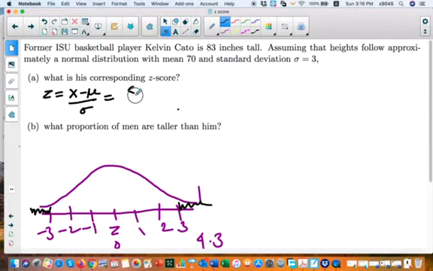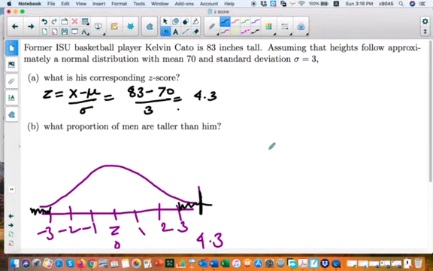So the value of x is 83 minus the value of mu, 70, divided by sigma, 3, which is equal to 4.3. Now if we locate this 4.3 on the standard normal distribution curve, it is somewhere over here, which is outside the range of 3 and minus 3.